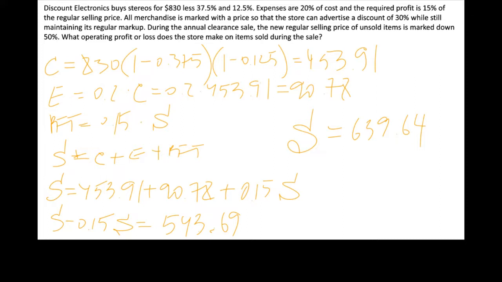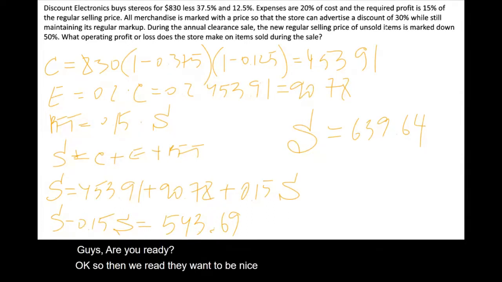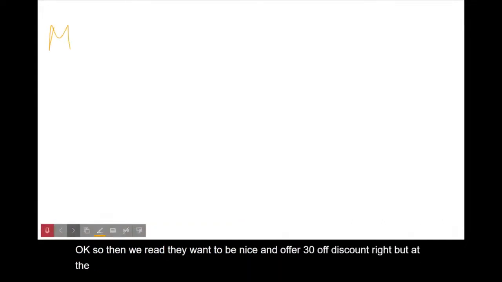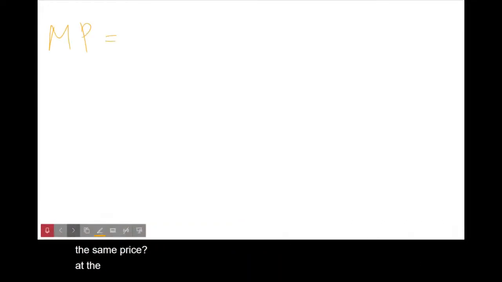Guys, are you ready? Okay, so then we read, they want to be nice and offer a 30% discount, right? But at the same time, they want to receive their money.